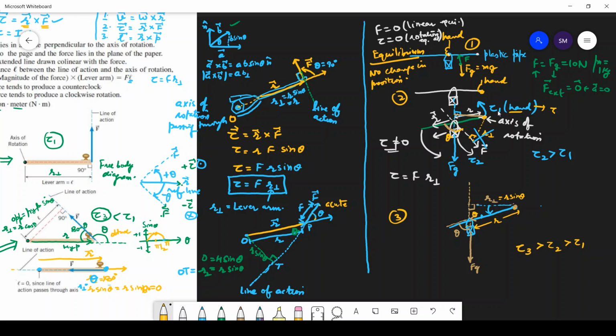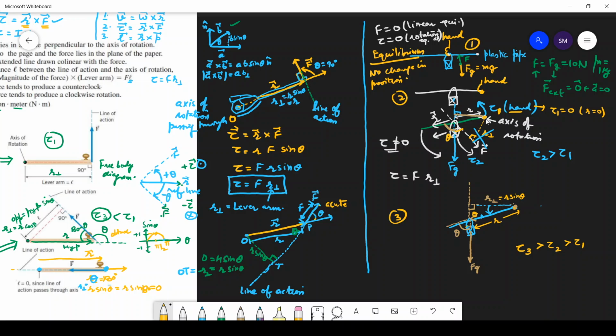Even if you write it as tau 1, the force which your hand is applying gives tau 1 equals 0, because R is equal to 0. So that is why you will never be able to hold this bag, and it will keep on moving down in this case.